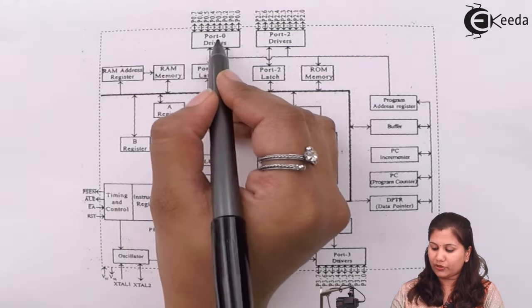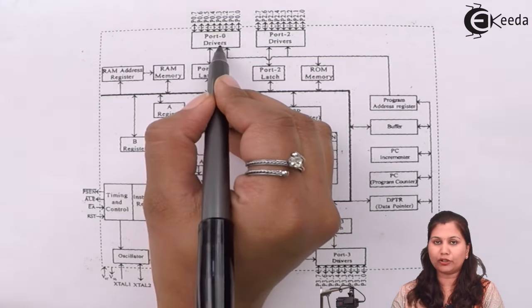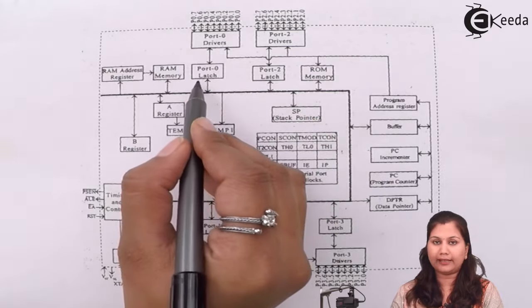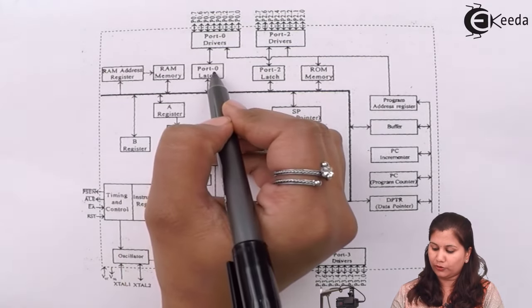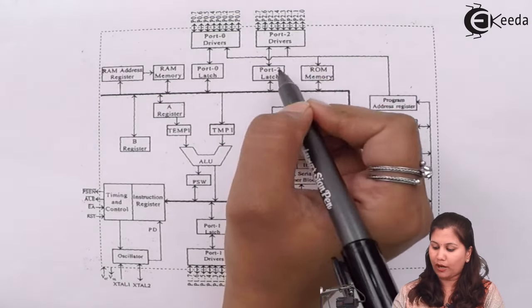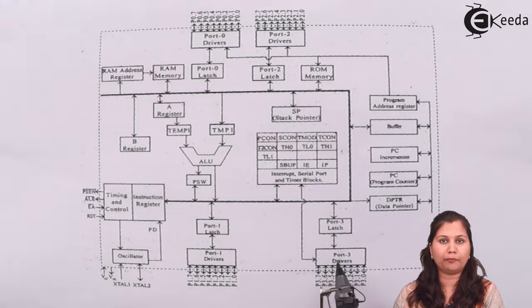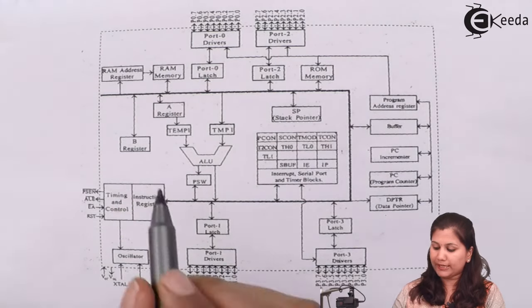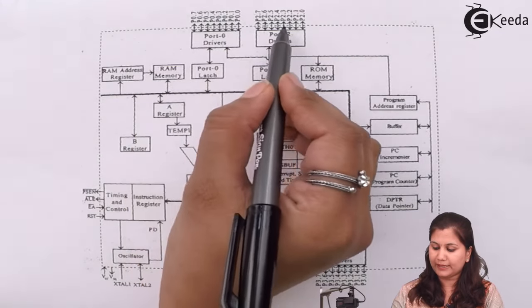Port 0 has drivers and a latch. Each port has a driver, or we can say a buffer, and a latch associated with it. So these two are for port 0 and these two are for port 1. These two are for port 2 and this latch and driver are for port 3. These ports are 8-bit ports, so their lines are represented here.